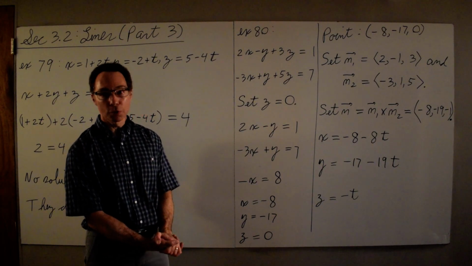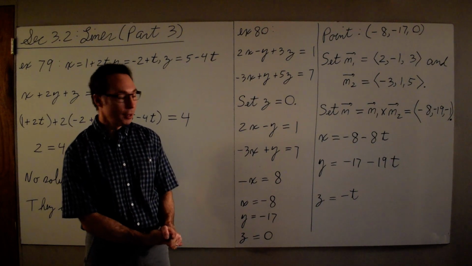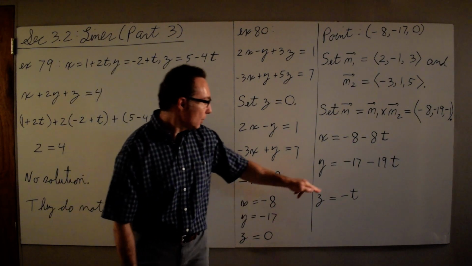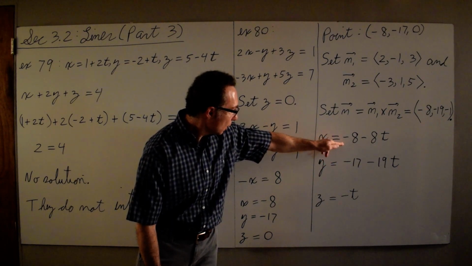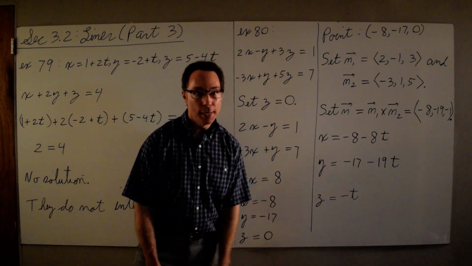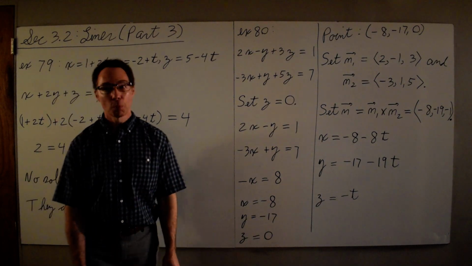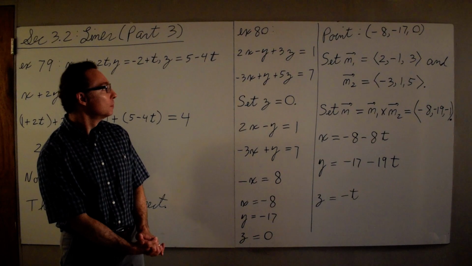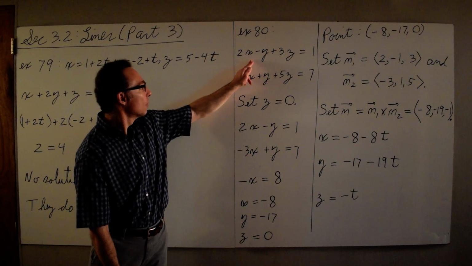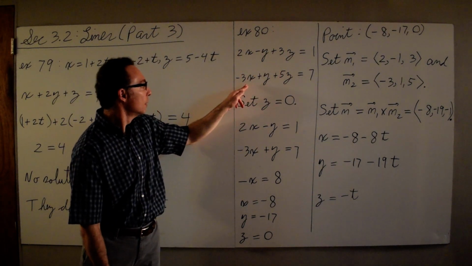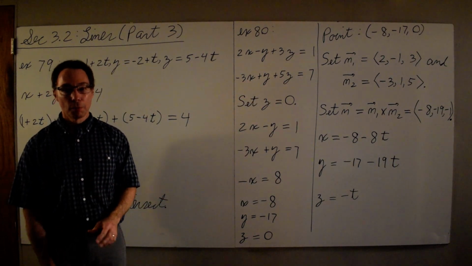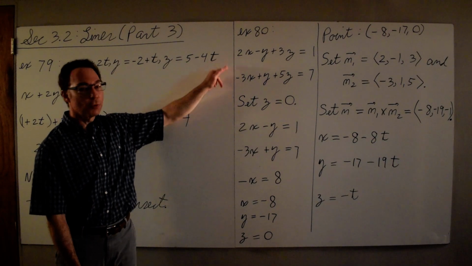When t is equal to negative 1, that kind of makes our math a little nice. When t is equal to negative 1, then we have the point 0, 2, 1. And you can check that the point 0, 2, 1 is also on each plane. You can see that that point satisfies both of these equations.